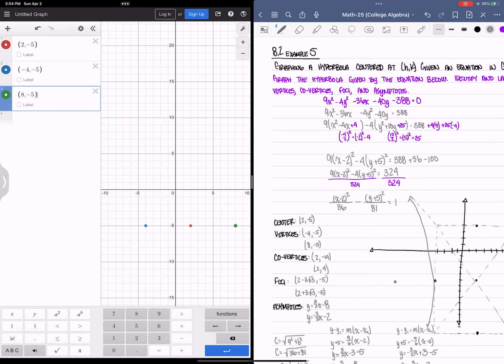Closing that up, we have 2, -14 and 2, 4.